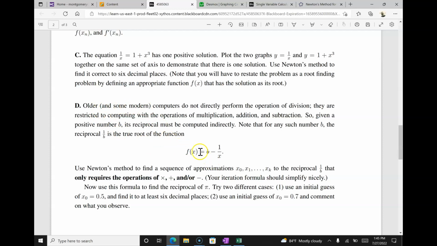Part D, here's my new function. And B is going to be pi. So use Newton's method for this new function to find the reciprocal of pi.